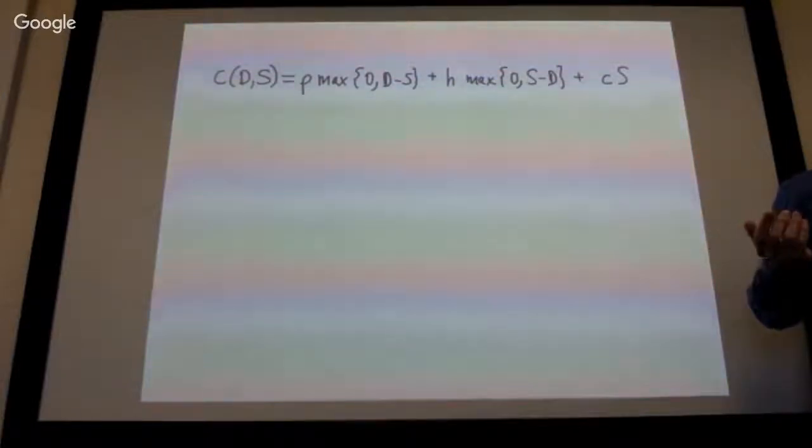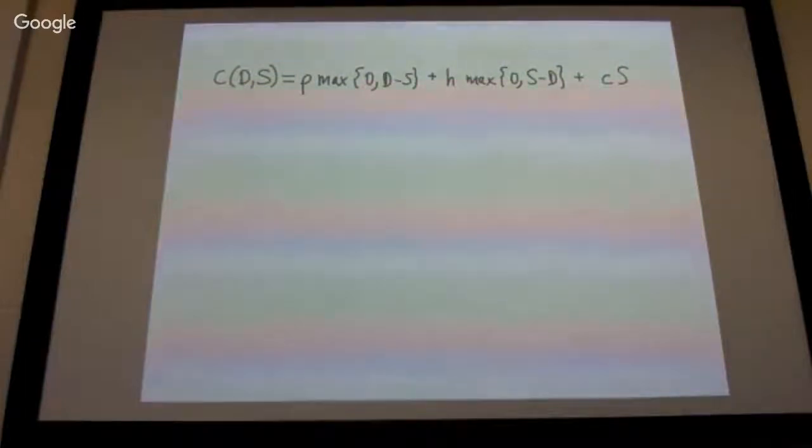So the expectation of this is cost depending on S, okay, decision variable, and that is expectation of C of D, S over D.